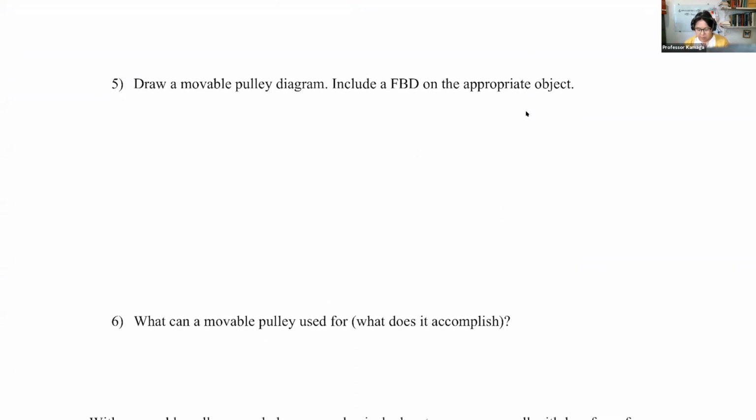And again, this is a force diagram. In this case, the movable pulley will look something like, let's see, a simple looking one. I want to do the simple looking one. So it might be like this. So it could be just like that.